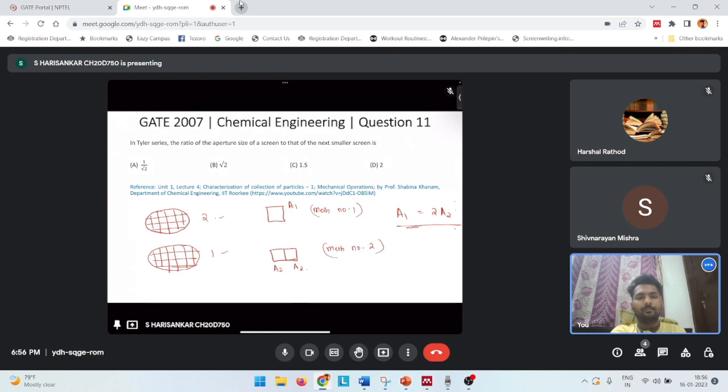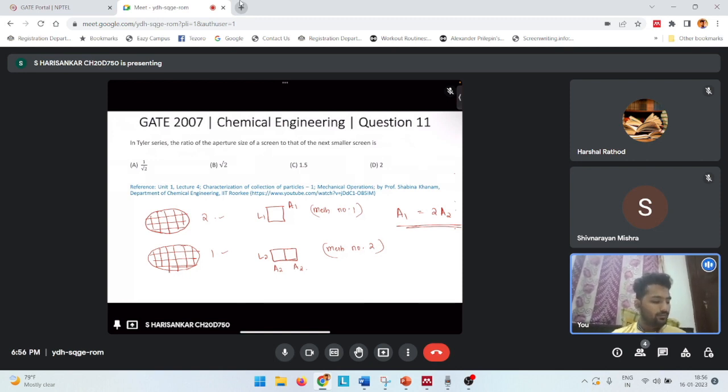So now let us say L1 is the length of this opening having area A1, and let us say L2 is the length of this opening having an area A2.